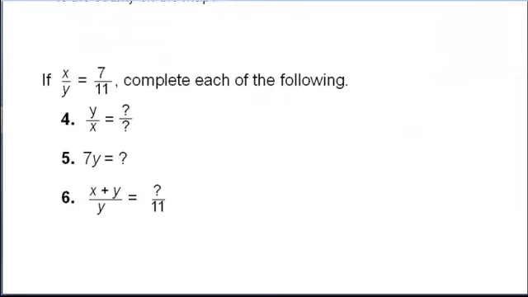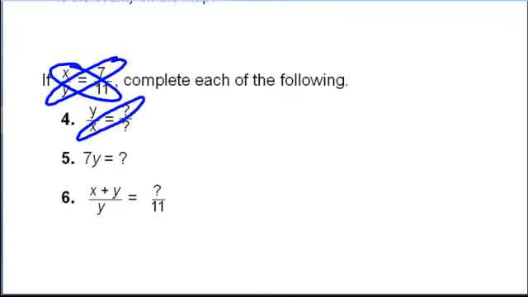And the last part of this assignment, clear my ink. It's going to be matching, just understanding your properties of proportions. So according to this, don't forget we have to match our cross products. These are going to be my cross products. I know that across from my x always has to be 11, and across from my y always has to be 7. So my answer is 11 over 7.